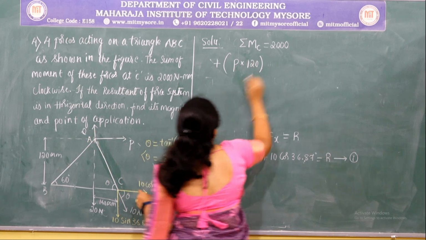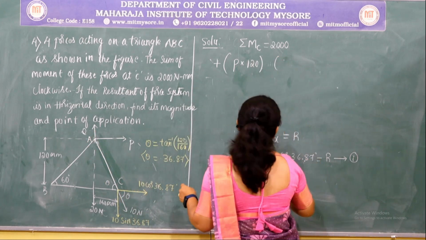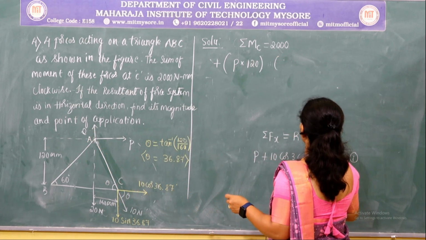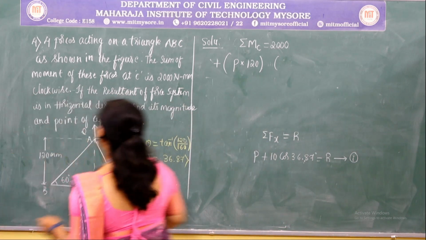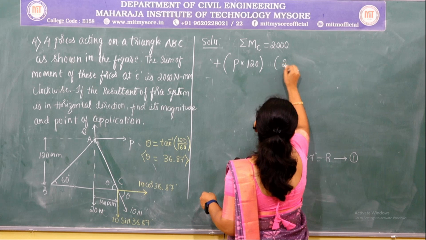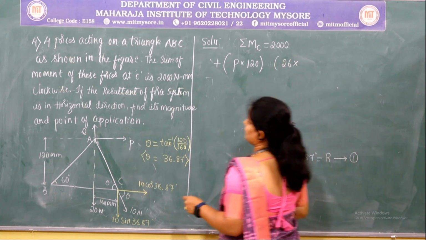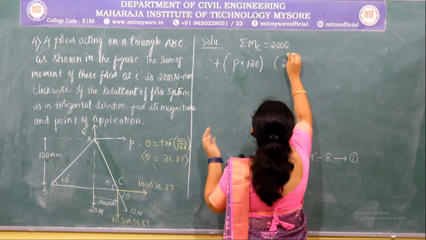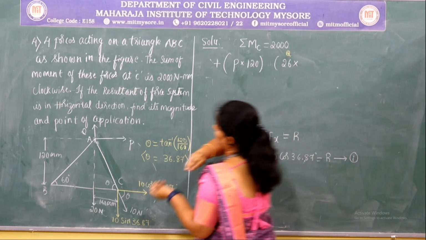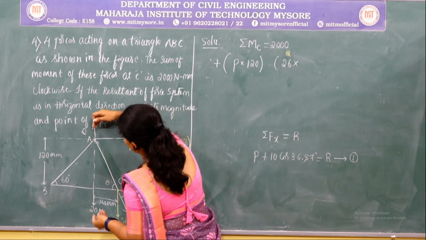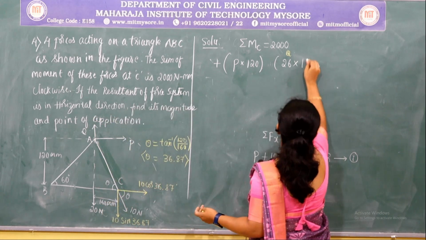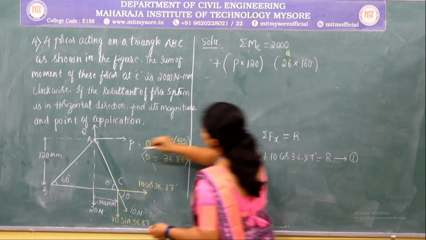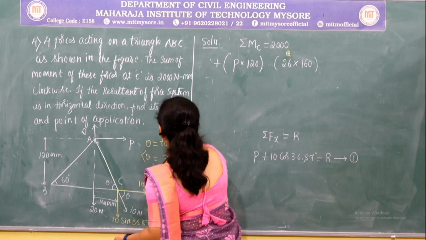Next, Q, the value of which we got is 26 Newton, multiplied by the perpendicular distance between the line of action of the force and the point, which is 160, and this force also produces a clockwise moment.